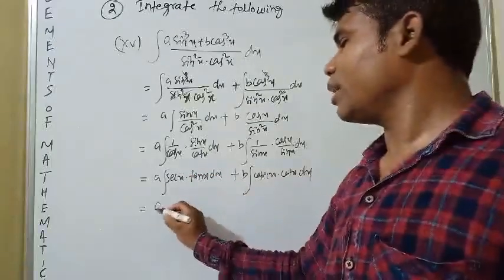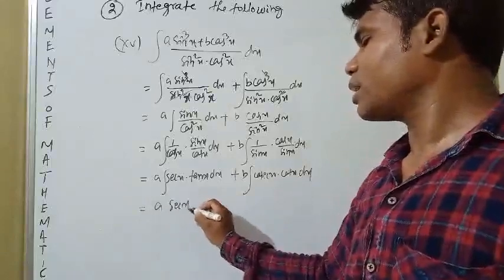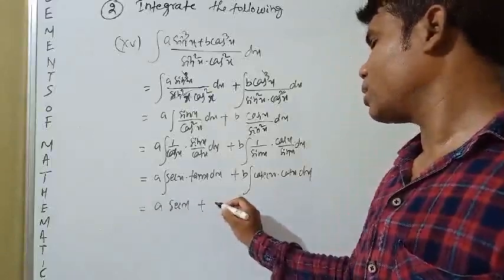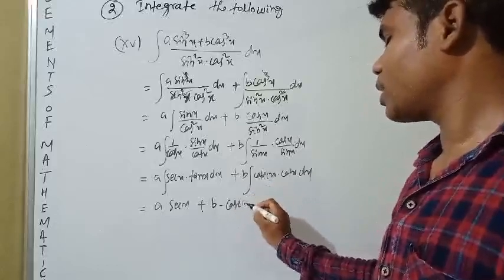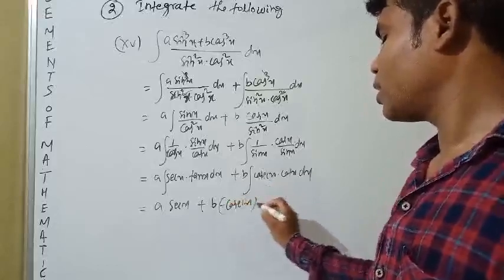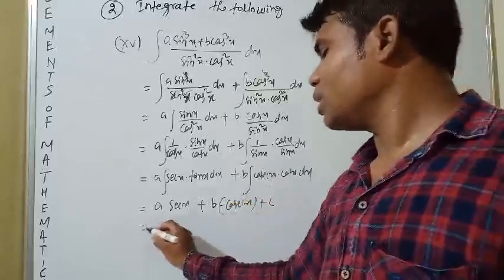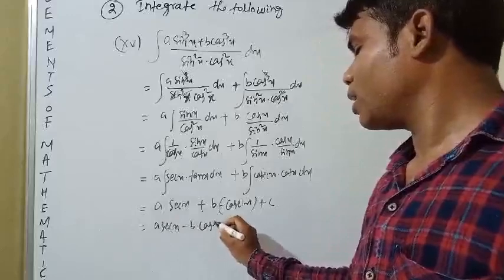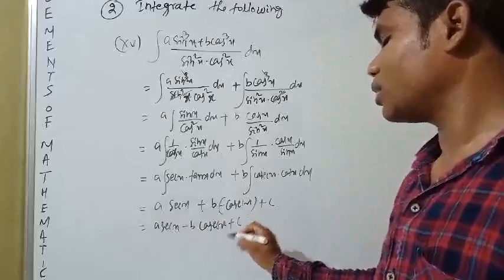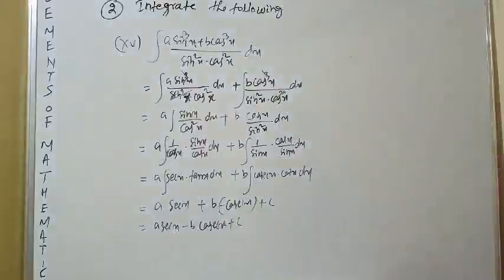This is equal to a sec x plus b times minus cosec x plus c, which is a sec x minus b cosec x plus c. Pause the video, note it down.